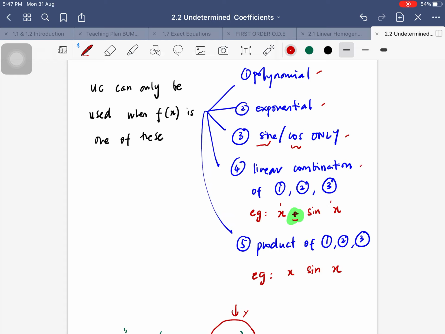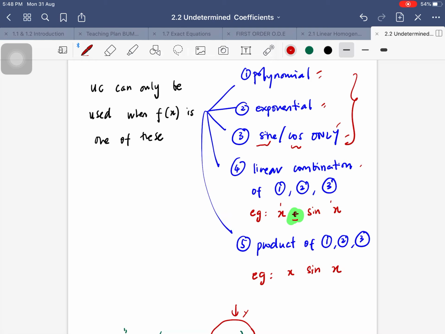Or you can have products of any of these three, so it could be a polynomial multiplied by an exponential, or an exponential multiplied by sine, or a polynomial multiplied by cos, and so on. As long as it involves these types of functions, polynomial, exponential, sine, and cosine, you can use undetermined coefficient. But for example, if you have a function in terms of tangent or something that is not among what we have listed here, automatically it is not possible to use undetermined coefficient.